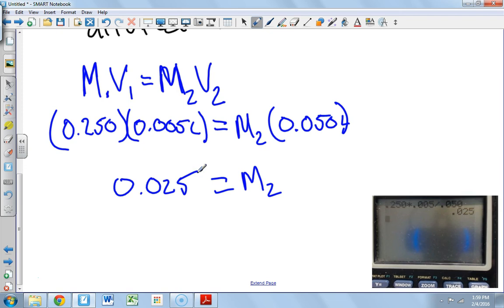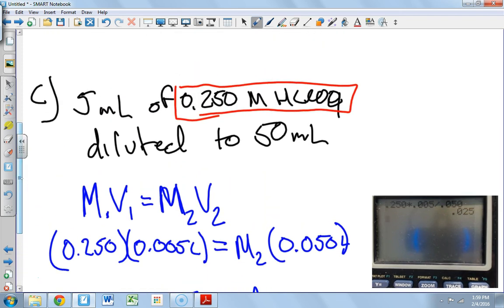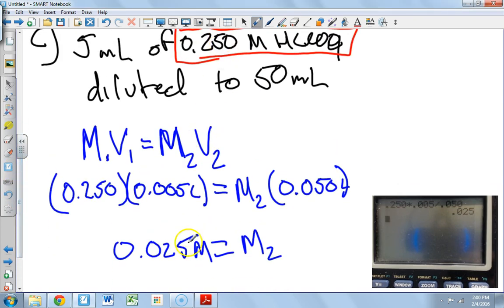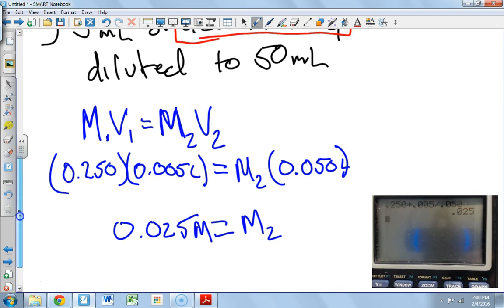And so our new molarity is 0.025 molar. Now, let's just quickly take a minute and understand the logic of that dilution. Look, 5 milliliters going to 50, that's a dilution factor of 10. We're diluting it 10 times. And what is the factor that the molarity is changed by? By 10. So that makes sense.